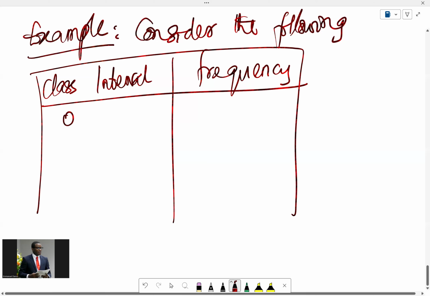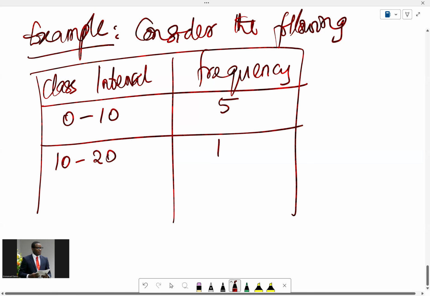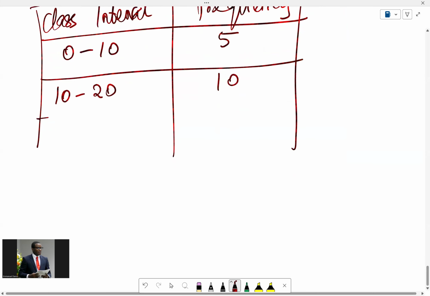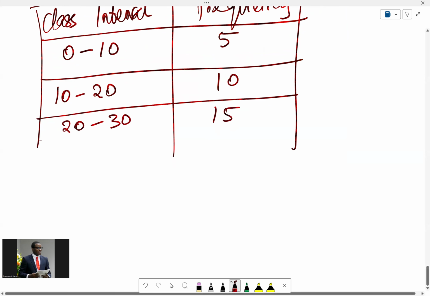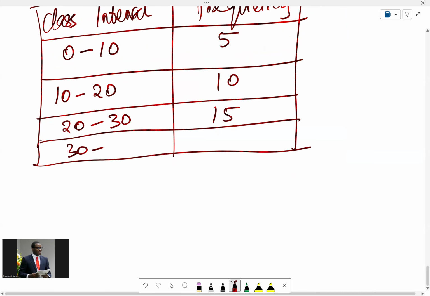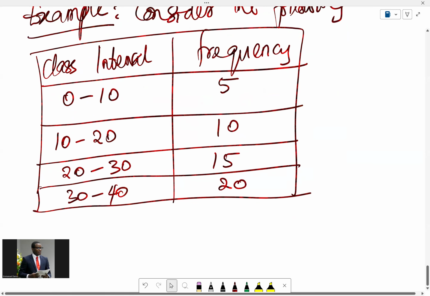So first class is 0 to 10. You have 5 items in that group. You have 10 to 20, 10 items. You have 20 to 30, that's 15 there. And then you have 30 to 40, and you have 20 items in that class.